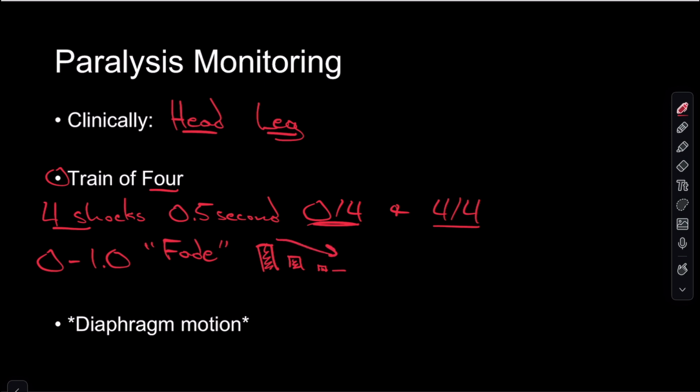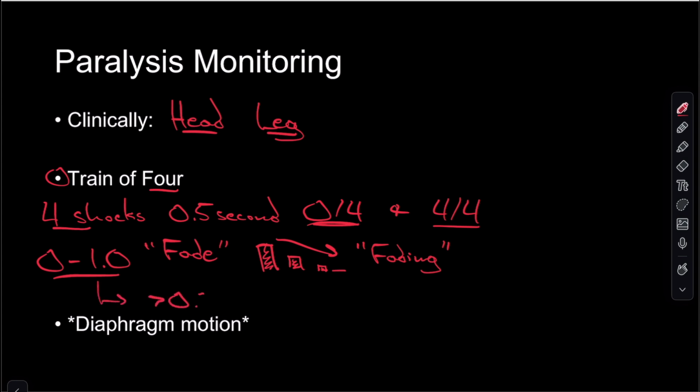So the strength of each spasm in response to the shock is fading. And then it'll use that to return a numerical value between 0 and 1. If you have a train of 4 value from a quantitative monitor that's greater than or equal to 0.9, then that's sufficient evidence that the patient would be safe from a neuromuscular blockade perspective to be extubated.